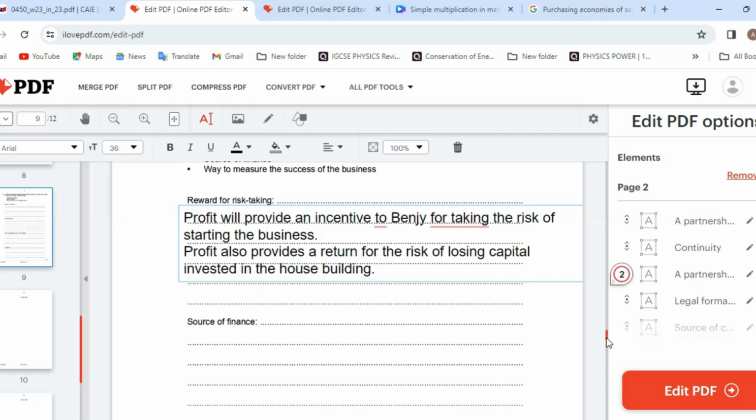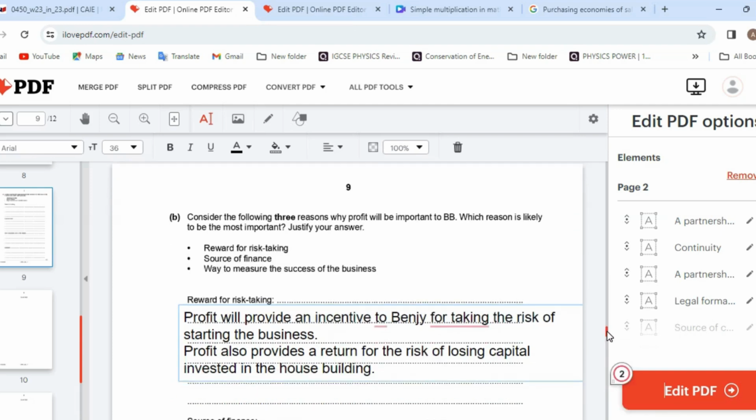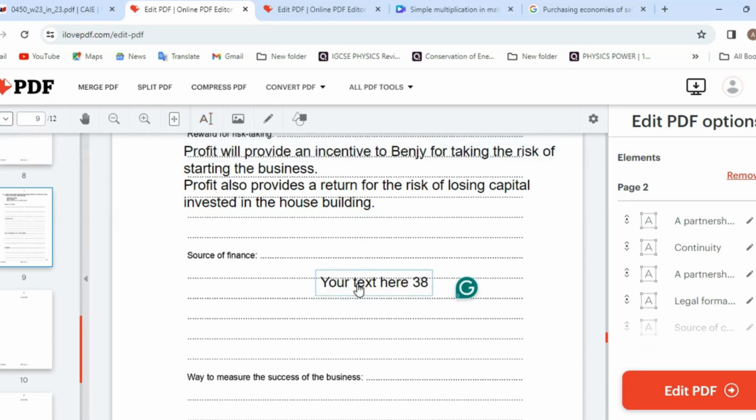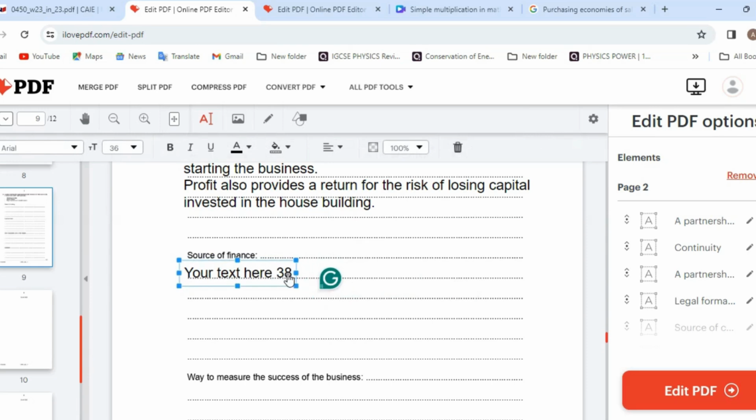Now let's move to the source of finance. That is the importance of profit as a source of finance. Of course, profit also serves as a source of fund for investment. Profit provides a source of fund for investment.